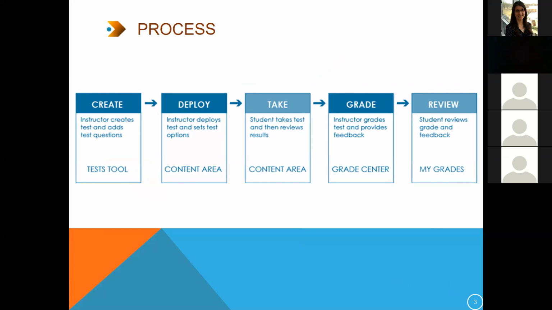Then we will go into how you take it from a student perspective, so you have an idea of at least partially the student side of things. How do you grade those things and look at what has been submitted? And then as long as we have time, I'll go back into how students see the review, the grades, and stuff like that. So we're going to look through that entire process here.